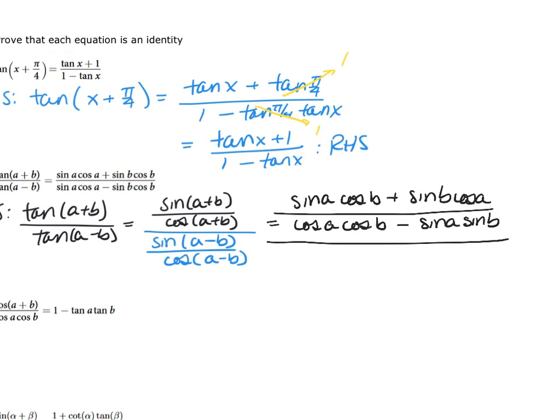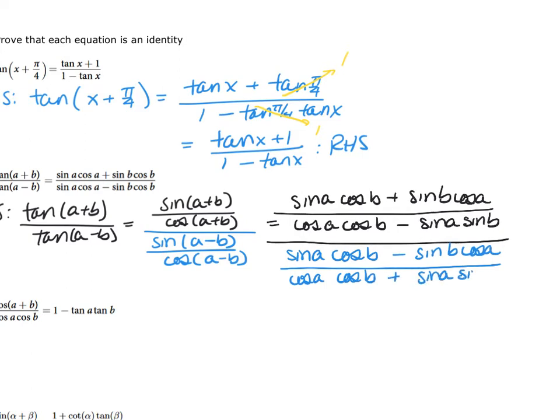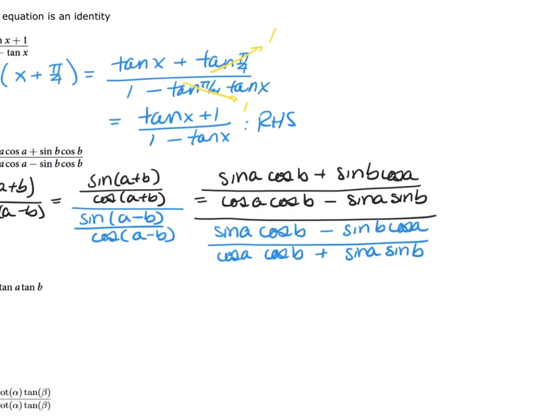divided by, now the denominator is going to expand out into the sine of a cosine of b minus the sine of b cosine of a, over the cosine of a cosine of b plus the sine of a sine of b.